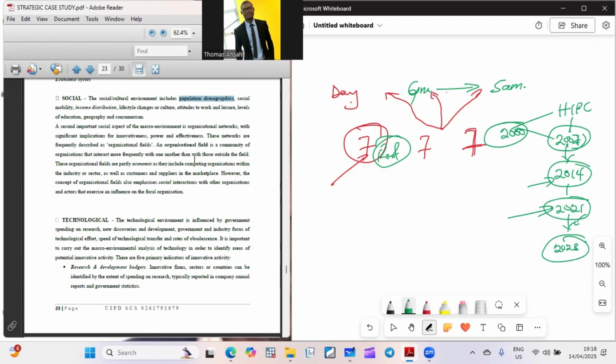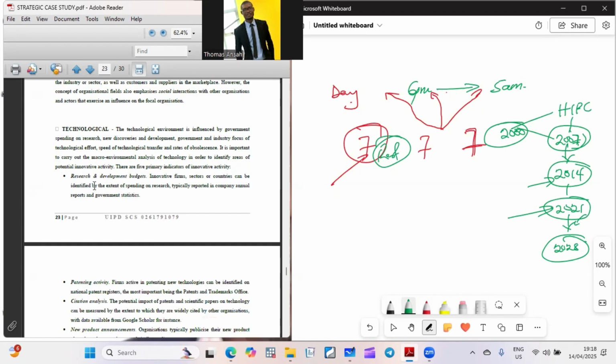There is a second dimension of social, which is about organizational networking, innovative power, and all those things. Electricity itself is another thing: how electricity stability affects social life. And he talked about technology.